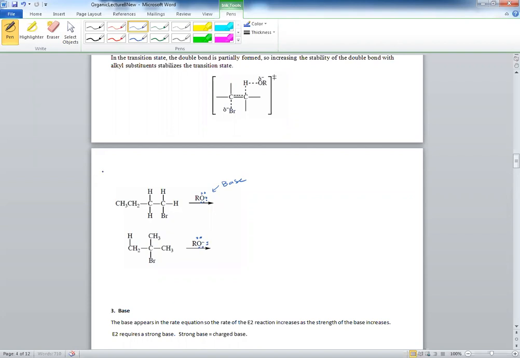And of course, this is a primary alkyl halide. This one, let's see why it is primary. I'm going to delete this after I mark them. If you look at this carbon, it's attached to one other carbon. So that's why it's primary.